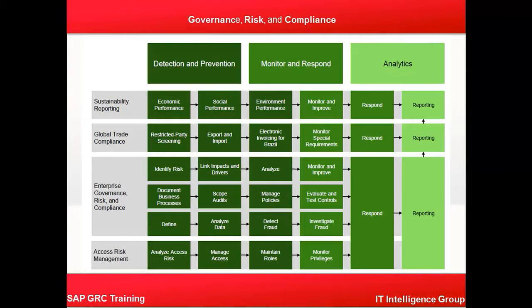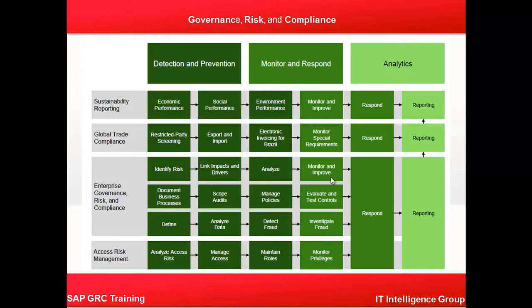As you can see in this diagram, we have listed the key activities falling under governance, risk and compliance. This is the governance area, enterprise governance, risk and compliance. This is risk management, that is, analyze the risk, manage the risk, maintain the roles, monitor the privileges, and then the analytics.